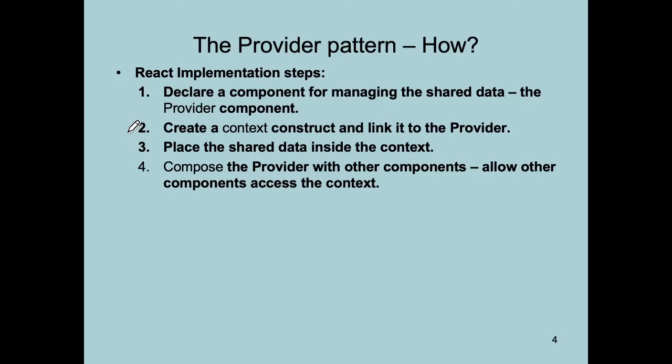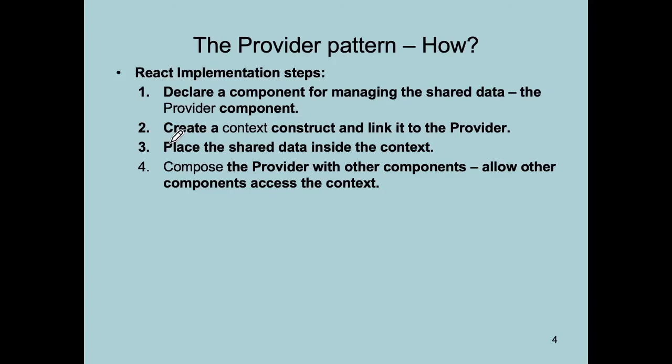Step two, I'm saying that we need to create something called a context construct, and React will allow us to do that. And we need to associate that context construct with the provider component. Step three says, now place all of the shared data into the context.